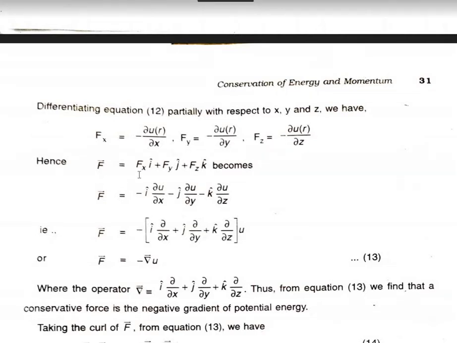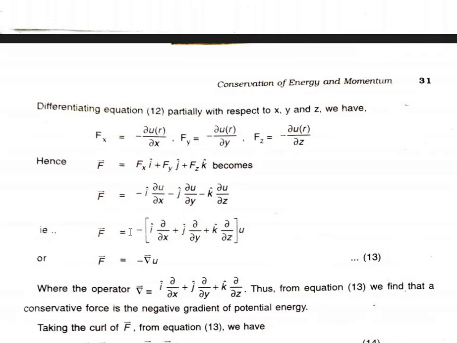Hence F equals Fx i plus Fy j plus Fz k. From these expressions, Fx is minus ∂U/∂x, Fy is minus ∂U/∂y, and Fz is minus ∂U/∂z. So F equals minus ∂U/∂x i minus ∂U/∂y j minus ∂U/∂z k.